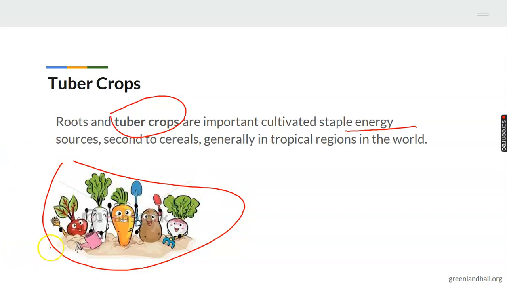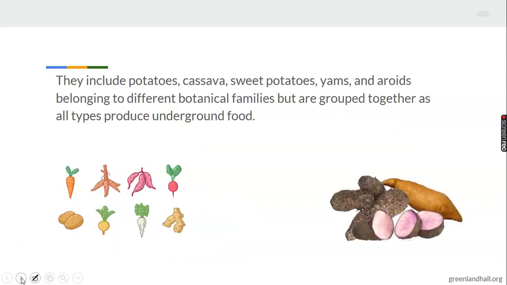Now it's interesting. So those are tuber crops. And they include, like we have said, potato, cassava, sweet potato, yams, arrowroot, belonging to different botanical families, but grouped together as all types produce underground food. There is no tuber that is not under the ground.